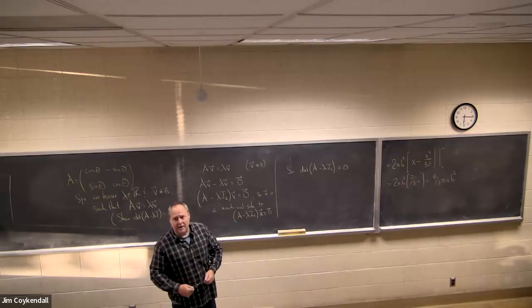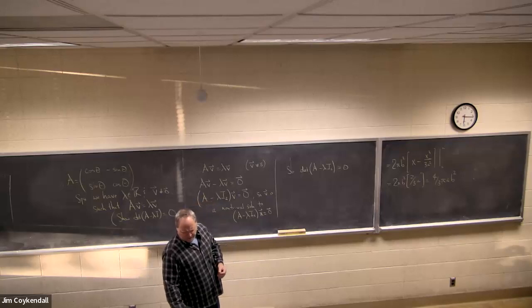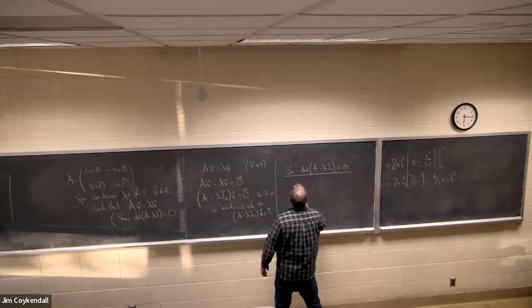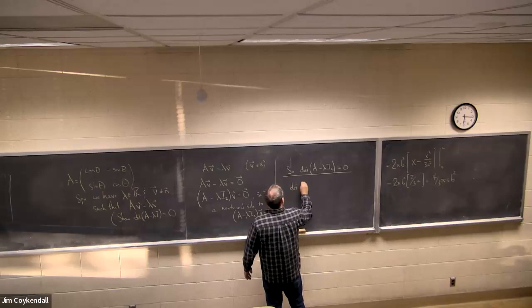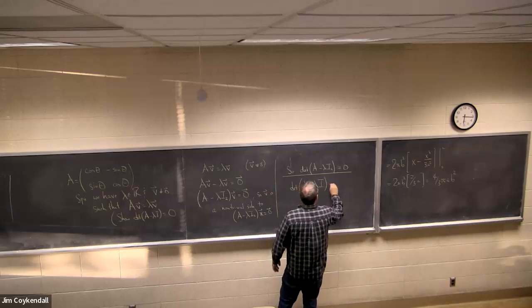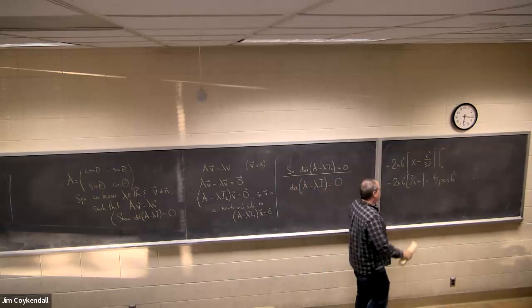Okay, now in part B, I actually really do need this matrix because it says for the matrix A, find an equation for lambda if the determinant is zero. Let's work this here.